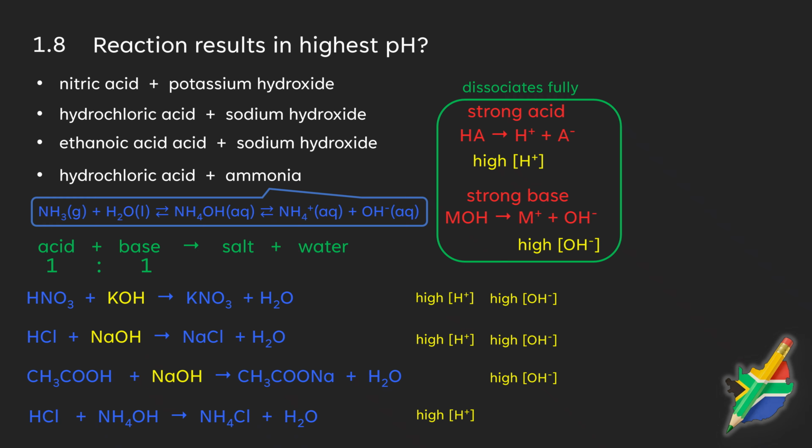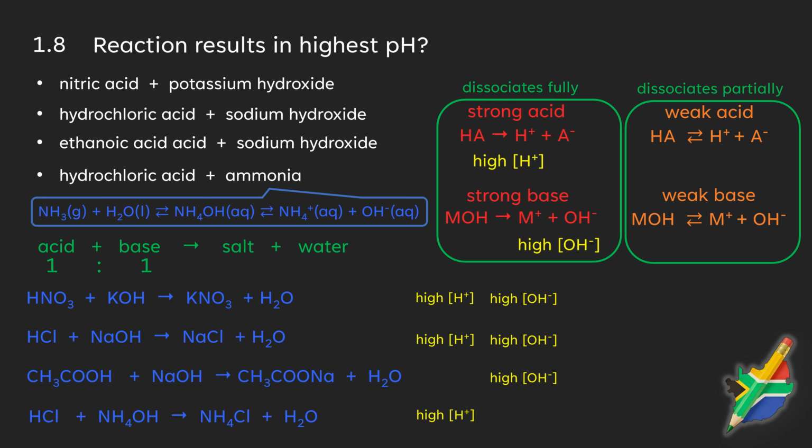Weak acids and weak bases dissociate only partially, forming an equilibrium with their ions. Weak acids therefore produce a low concentration of hydrogen ions and, in turn, a low concentration of hydronium ions. Ethanoic acid is a weak acid and produces a low concentration of hydrogen ions in solution.